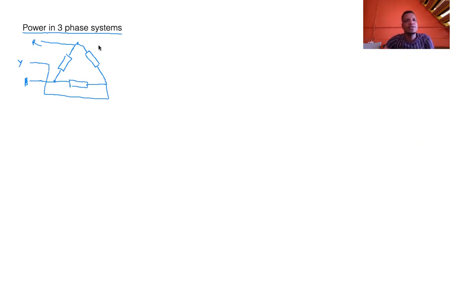Okay, so let's say we have these loads, load 1, which might have an impedance Z. Now, let's say these impedances are balanced, which means they're equal. All right, so what happens is that when we have current flowing in this, let me just put the directions of the currents.